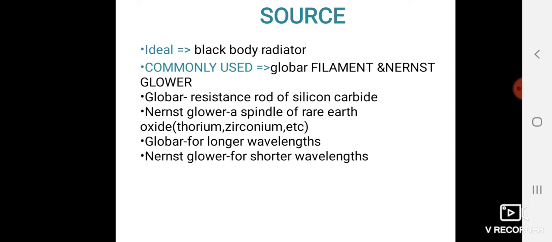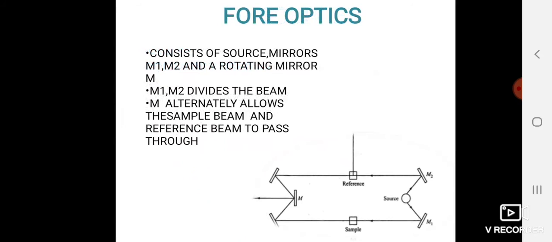Generally thorium and zirconium are used. Globars generally give longer wavelengths, whereas Nernst glowers give shorter wavelengths of IR radiation.